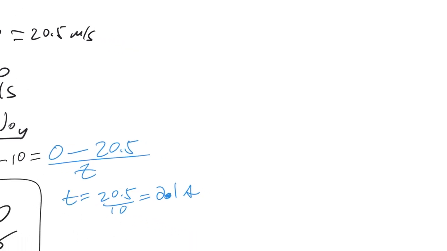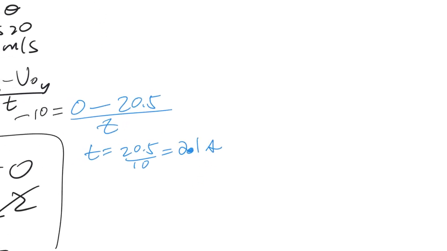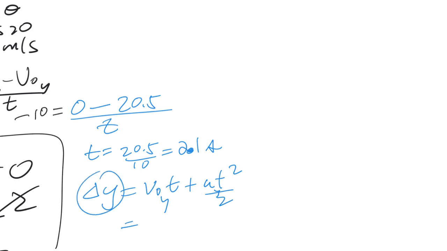Okay, now that I got the time, I can solve for delta y. I think the highest delta y equals VOT plus AT squared over 2, put the y's in. That's what I'm looking for, the maximum height.